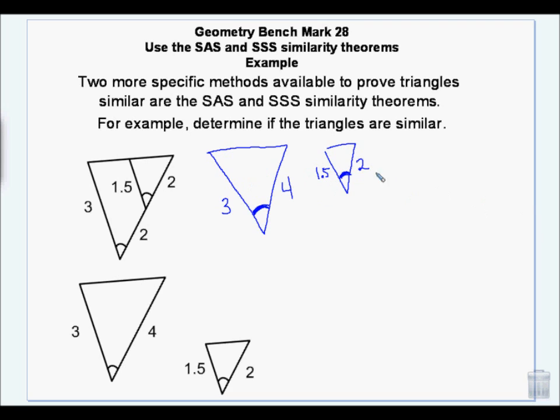So now I just need to see if my sides are in proportion. So I'm going to set up a proportion. 1.5 and 3 reduces to 1/2, and 2 and 4 reduces to 1/2.